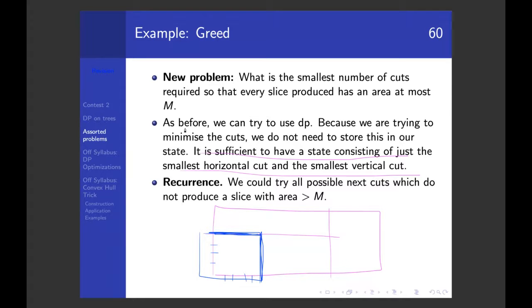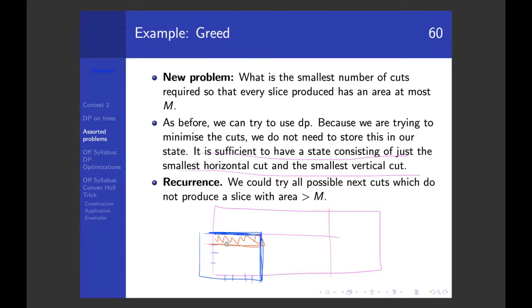Our DP recurrence could be, for example, try this cut here. Then, assuming this slice it produces has an area at most M, then it's a legal cut to do: 1 plus DP of this. Why? Because the number of cuts required is 1 plus the number of cuts to partition this here.